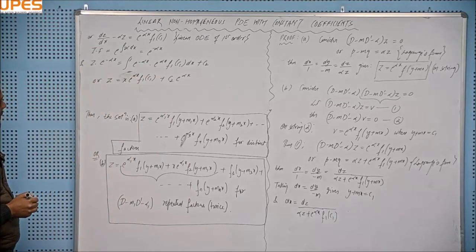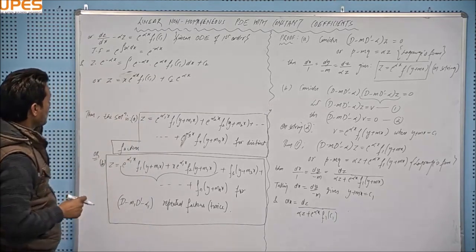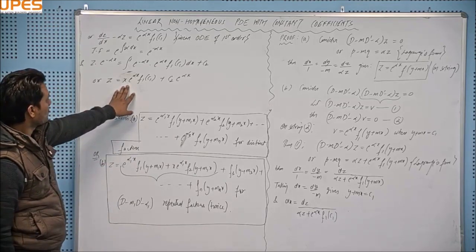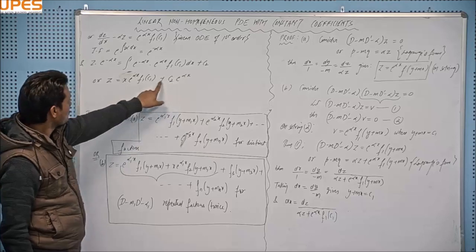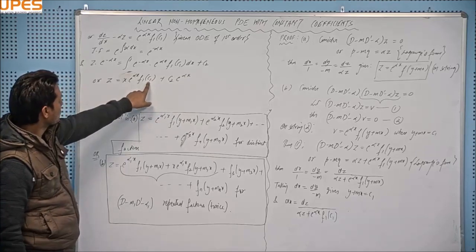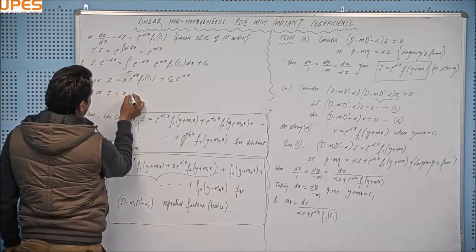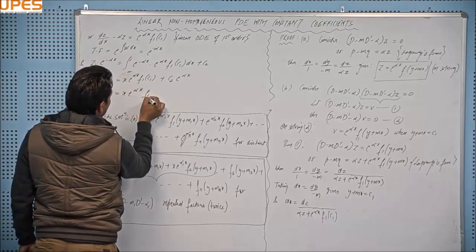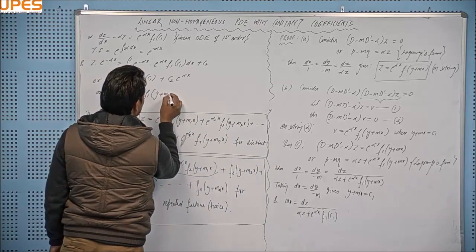If I take e to the power alpha x common, c2 should be replaced by this constant. Or I can write it as z is equal to x e to the power alpha x f1, and the value of c1 was y plus mx, right?